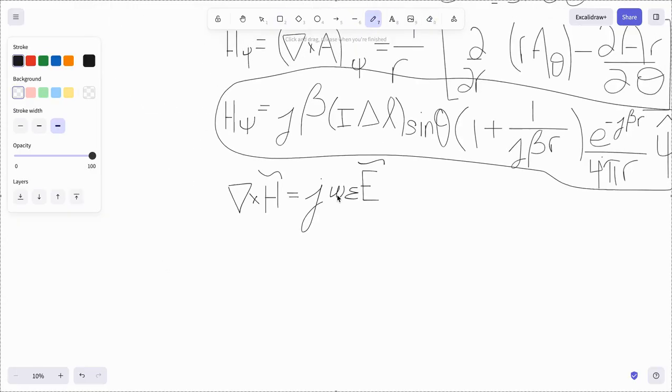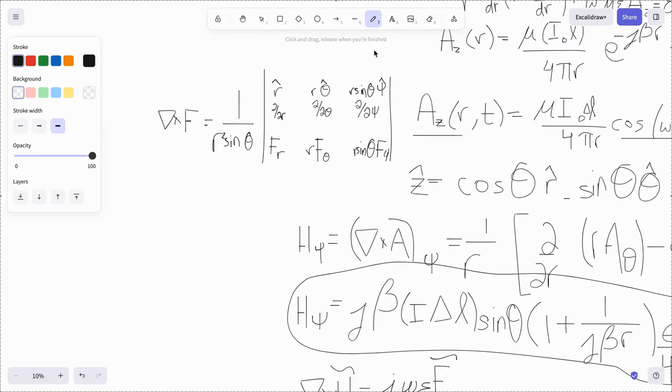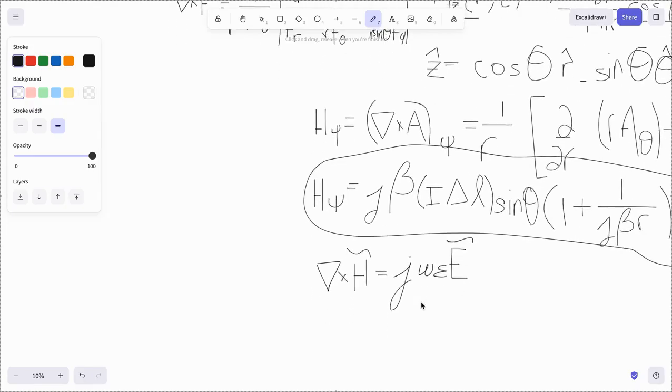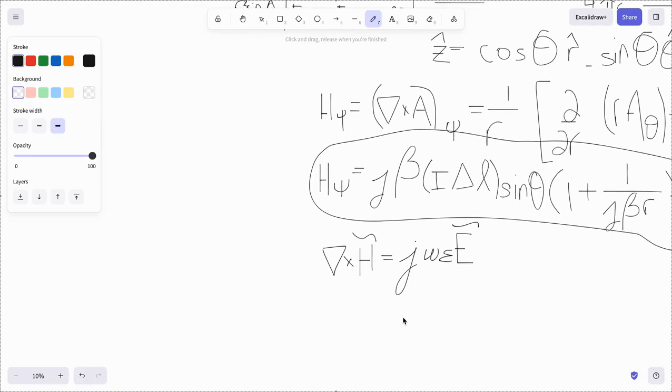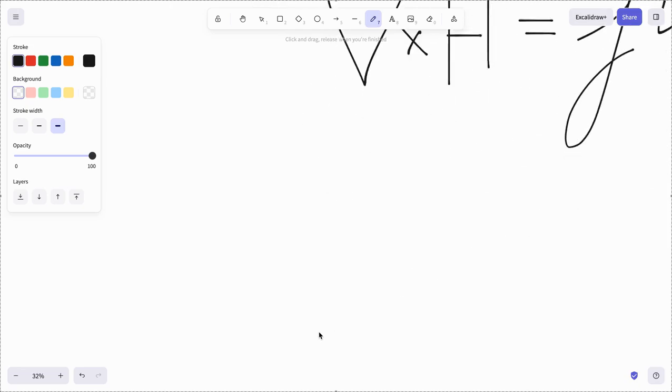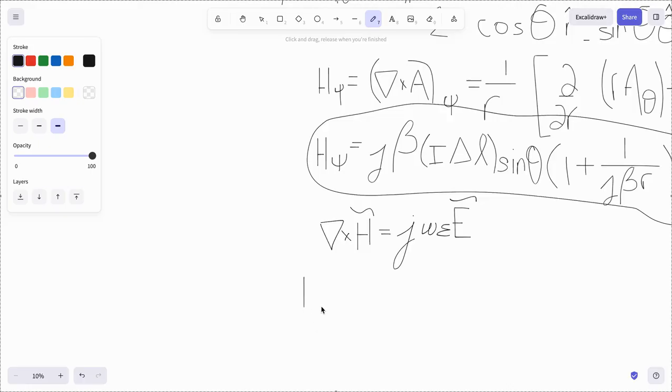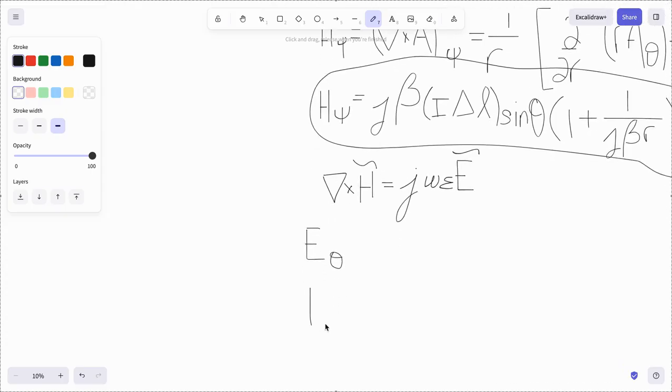Then we'll use the exact same determinant notation that I provided up here to figure out the curl of H and then derive E from that. I will not do it, but you should do it for yourself as a way of figuring out how to derive these equations. But you'll be left with two components, E theta and E sub r.